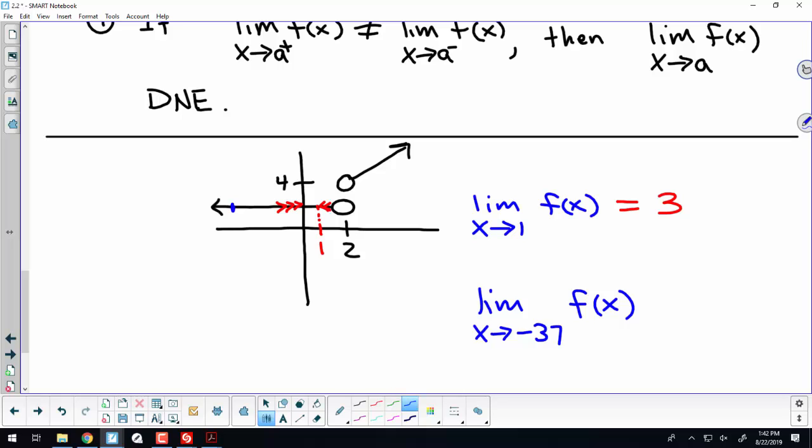There's no need to look at a one-sided limit. We can, but there's really no point because we can approach from both directions simultaneously at -37. Any other questions?